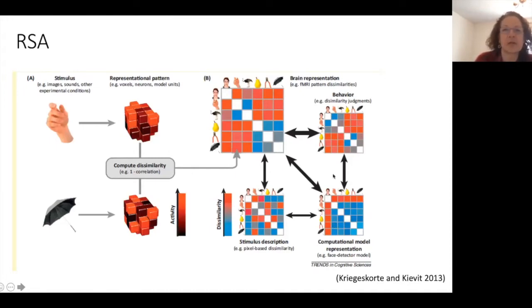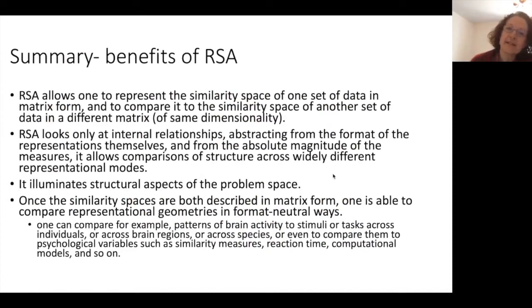And that's essentially what RSA is. It allows you to represent the similarity space of one set of data in a form that allows you to compare it to another set of data. So it abstracts from the format of the representations themselves, and also other things that are associated with this format, so absolute magnitude, location, etc.